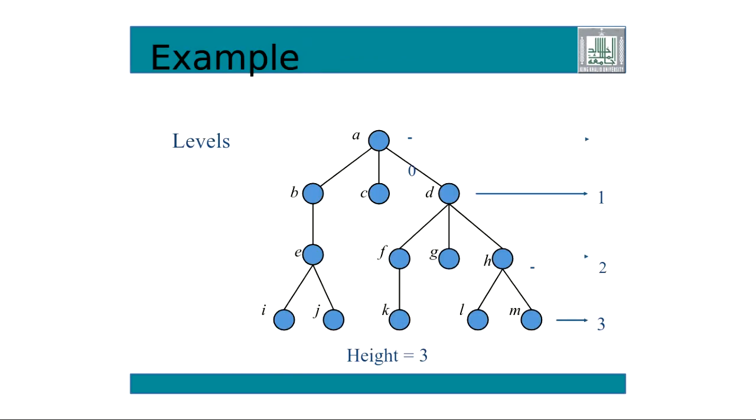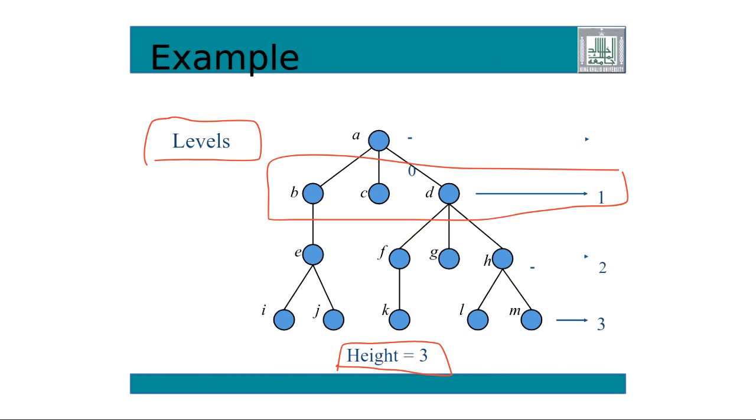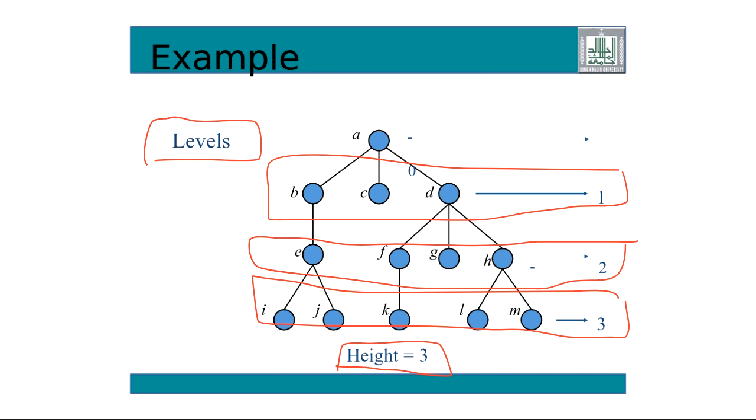See this one, this is 3 levels. The height means how many levels. So this is the first level, this is the second level, and this is the third level. So we can say the height of this tree is 3. How many levels here? 3 levels.